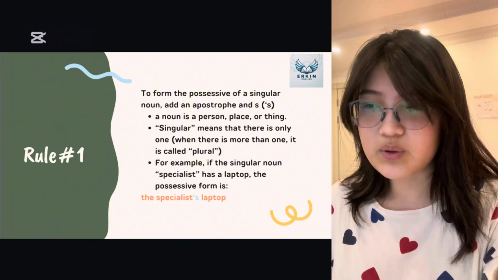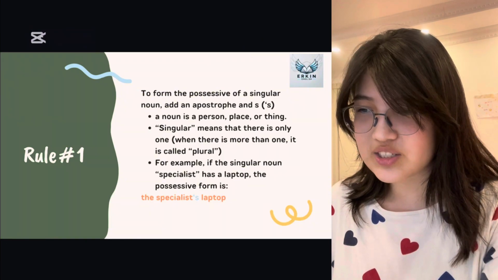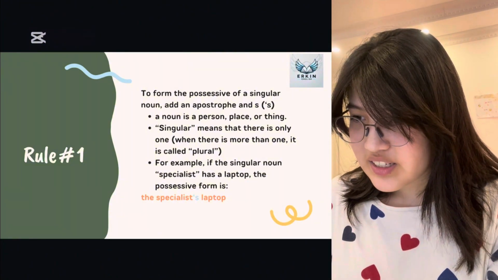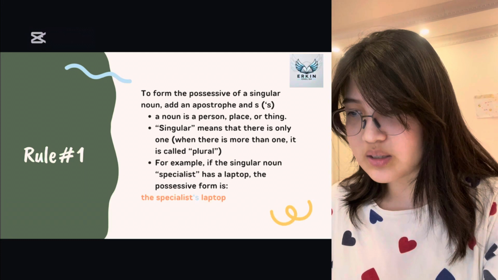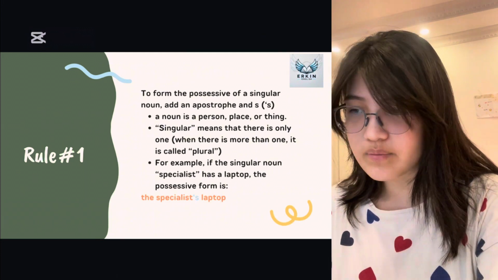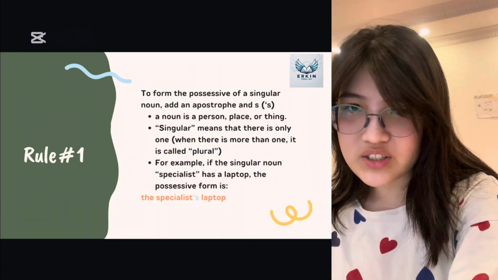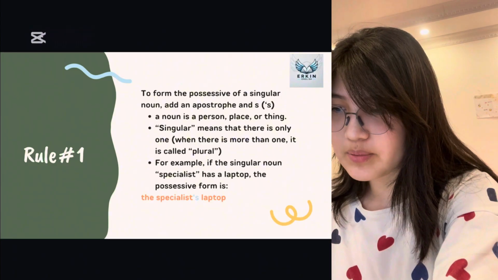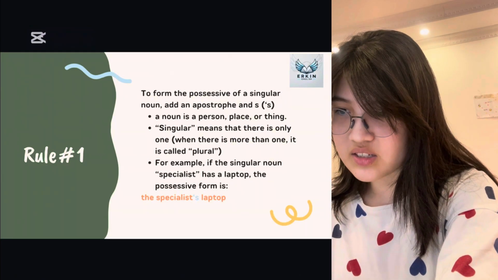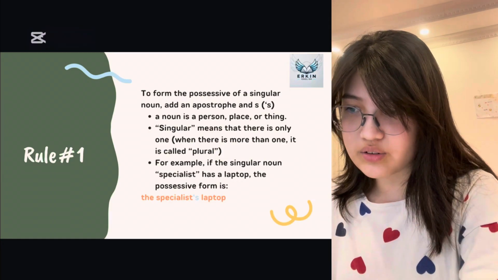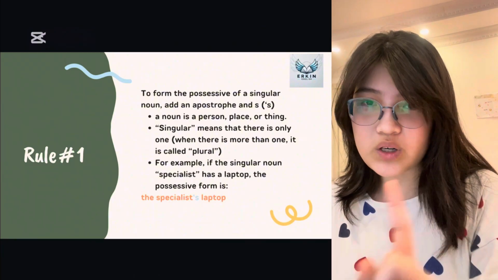Singular means that there is only one, and I have already explained that. For example, if the singular noun specialist has a laptop, the possessive form is the specialist's laptop. So here we can see that to show the possessiveness of the laptop towards the specialist, we added an apostrophe and an S, because this is rule number 1, and specialist refers to one person.